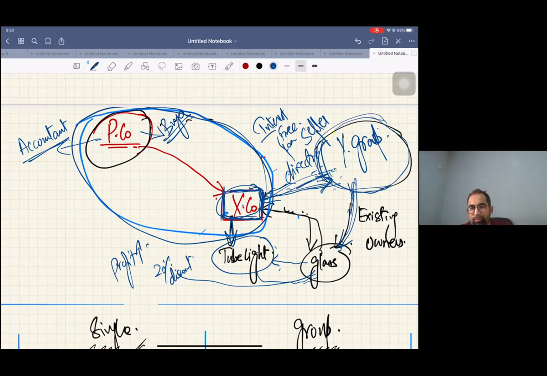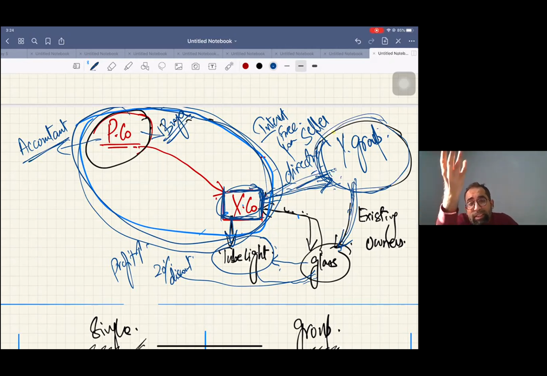But once we buy X company, then that loan will be repaid, and after that X company will need to take loans from the market, and when X company takes loans from the market, it will have to pay the market interest rate.